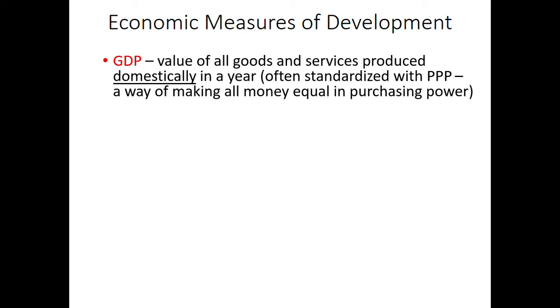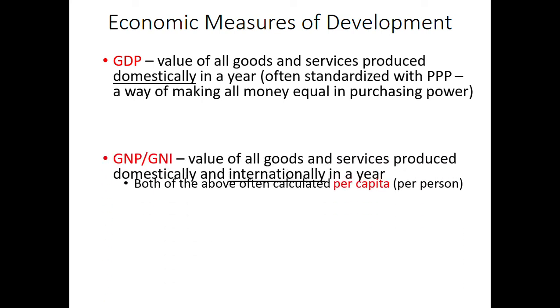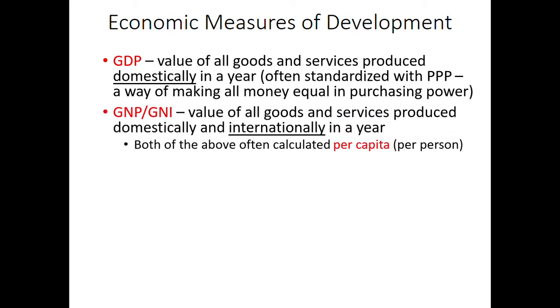So GDP is, again, within the borders of your country and measures the value of the stuff your economy made in a year. On the contrary, you've got GNP, which is gross national product. This includes the same stuff as GDP, but then you add the international stuff. So let's say we talk about McDonald's.